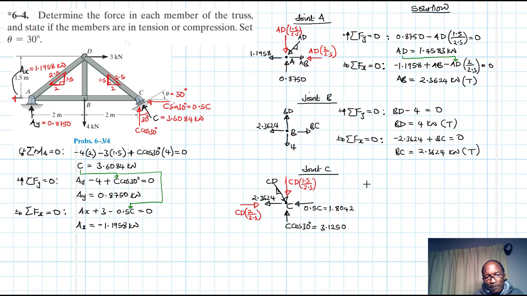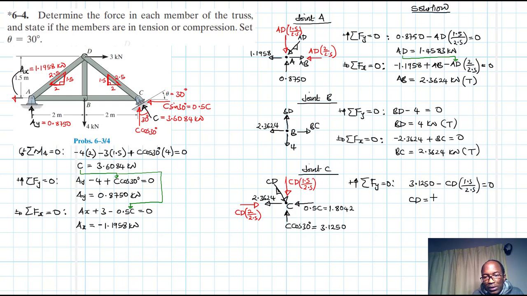So let's find CD. Let's apply just the summation of forces in the y. That will be enough. Summation of forces in the y direction going up in our reference. What do we have? We have 3.1250 minus CD times 1.5 divided by 2.5 equal to 0. And therefore, our CD is going to be equal to 3.1250 divided by 1.5 divided by 2.5.